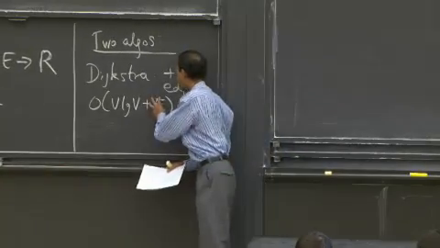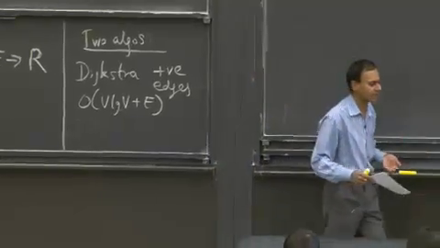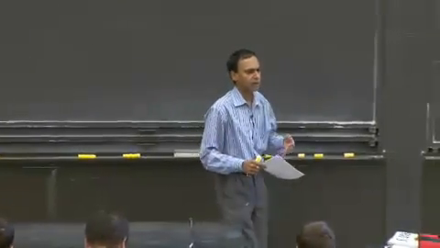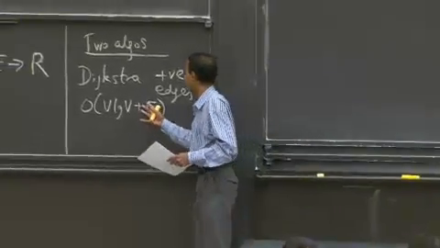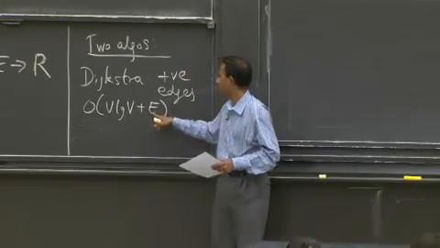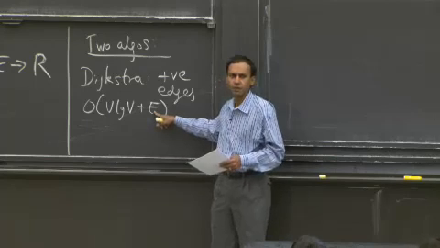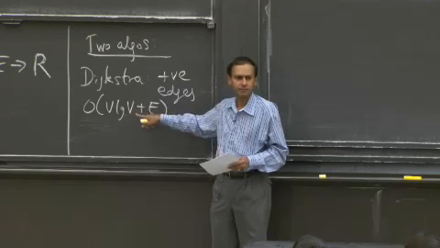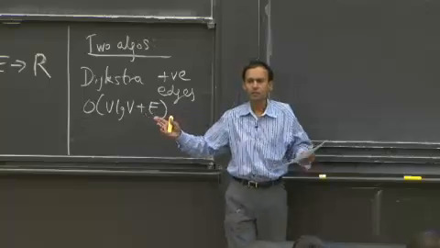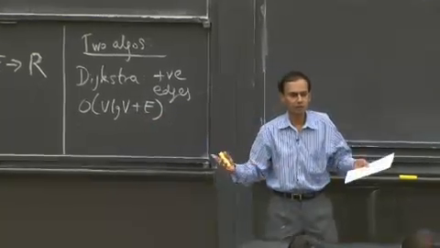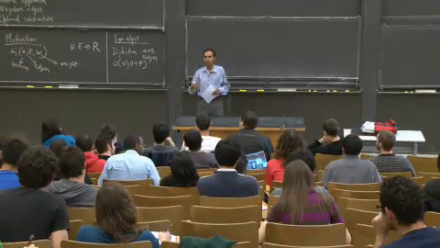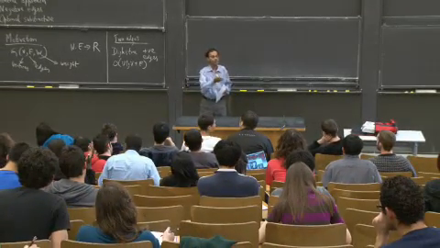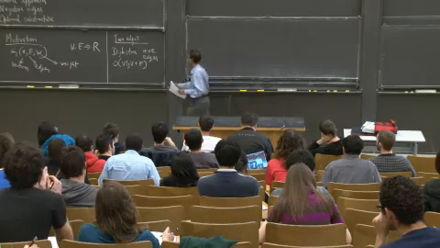And typically, you're going to be dominated in many cases by E. What is, in general, if you talk about a simple graph, the asymptotic relationship between E and V? Can you relate E to V? Can you give me a bound? Sorry, V squared, thanks. That's good.